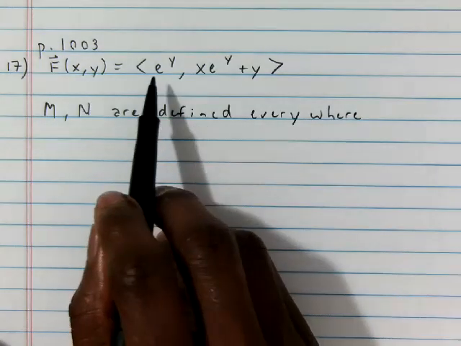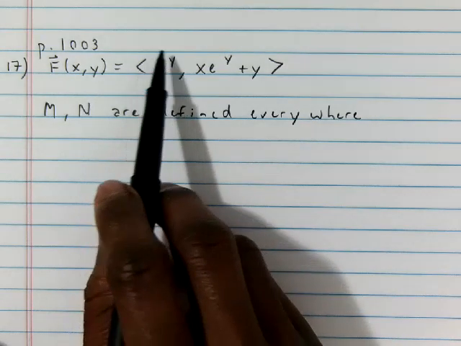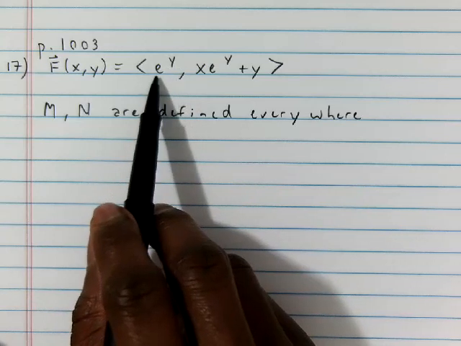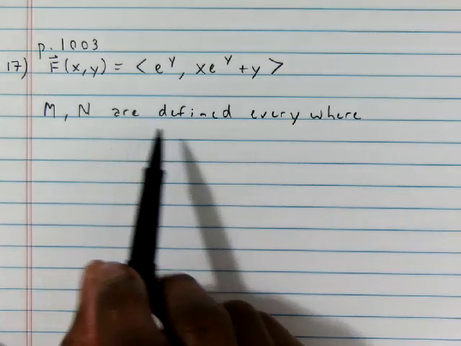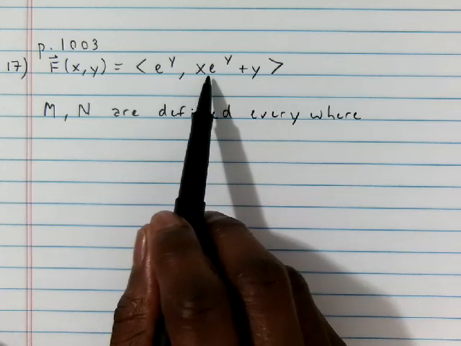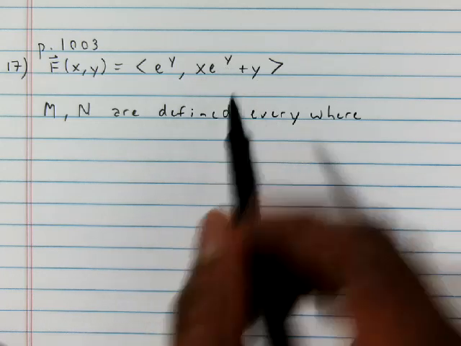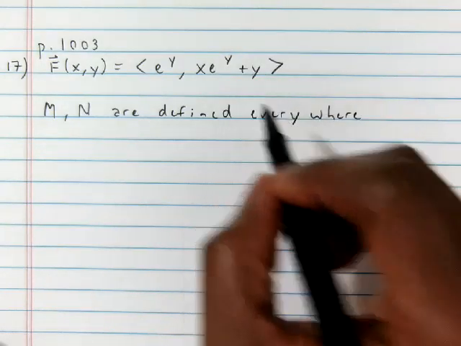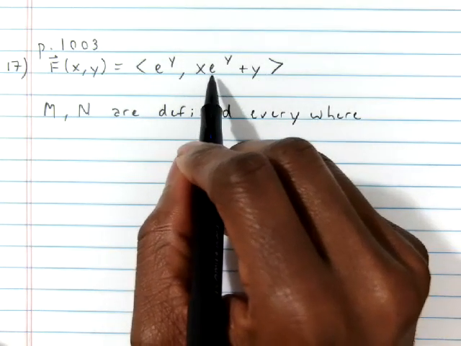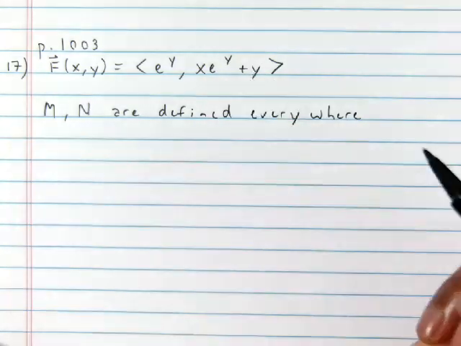We can actually quickly look at the partials. The partial of this with respect to x is 0, which is continuous. The partial of this with respect to y is e^y, which is continuous. The partial of this with respect to x is e^y plus 0, which is continuous. And the partial of this with respect to y is just x times e^y plus 1, which is also continuous.